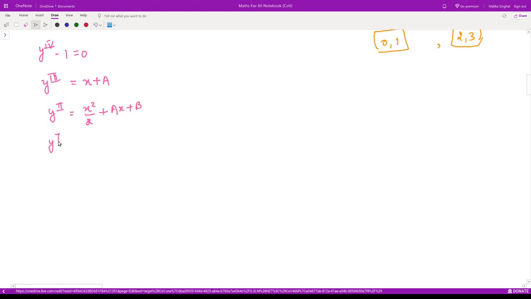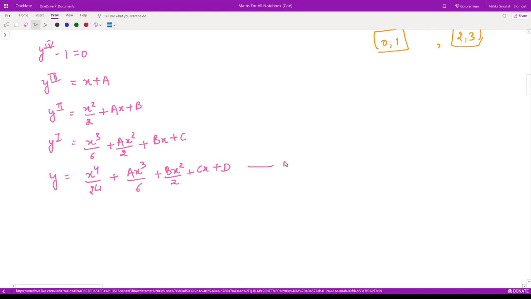The first derivative would be equal to x cube by 6 plus ax square by 2 plus bx plus c, and y is equal to x raised to power 4 by 24 plus ax raised to power 3 by 6 plus bx square by 2 plus cx plus d, right? So let us mark this equation as equation number 1.